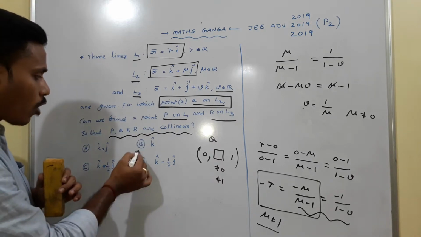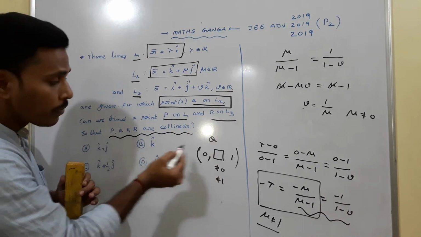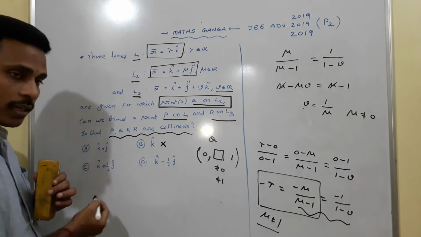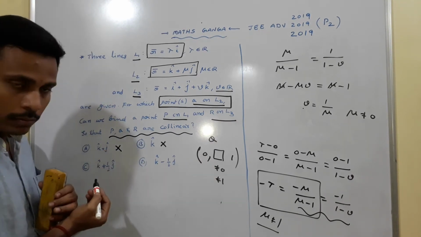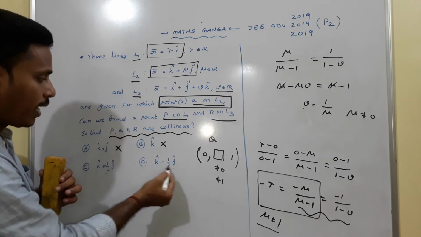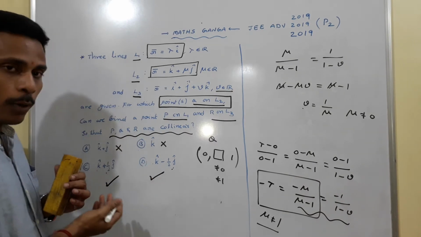For option B, there is no j component, that means the j component is 0, but it can't be 0, so this is a wrong option. Coming to the other one, the j component is 1, it can't be 1, so it is also a wrong option. Coming to these, the k component is 1, whereas the j components are minus 1 by 2 and 1 by 2. These are possible, so these two are possible options.